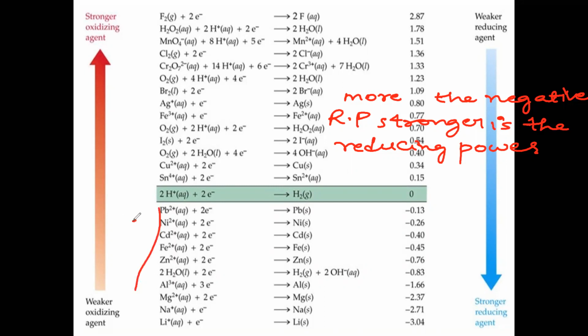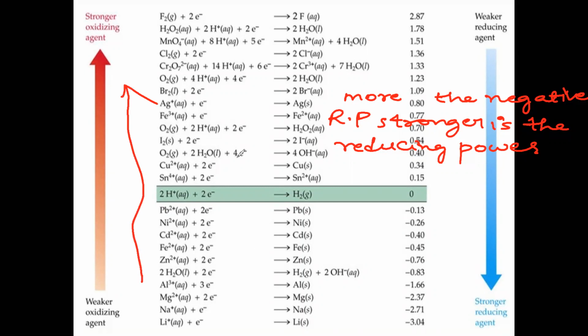So lithium can reduce any metals like sodium, magnesium, aluminum, zinc, iron, cadmium, nickel, lead, cobalt, copper, tin, hydrogen, oxygen, anything, all the metals. This is the way we have to see the electrochemical series. This electrochemical series is very, very important. And here, these are stronger oxidizing agents.